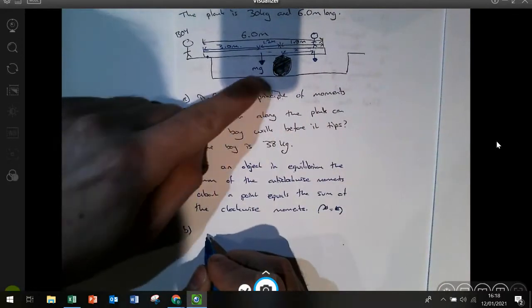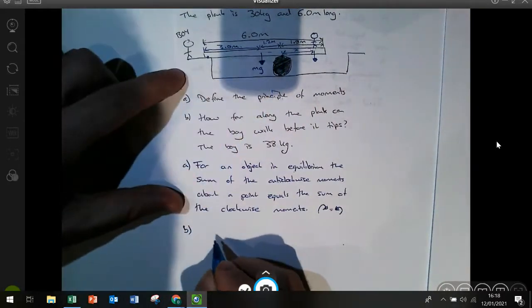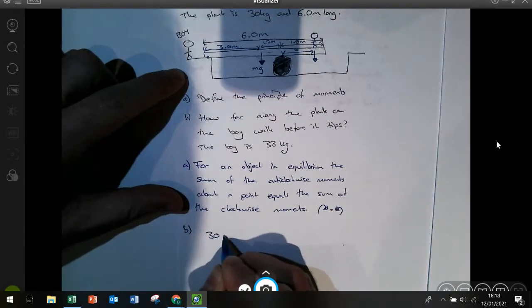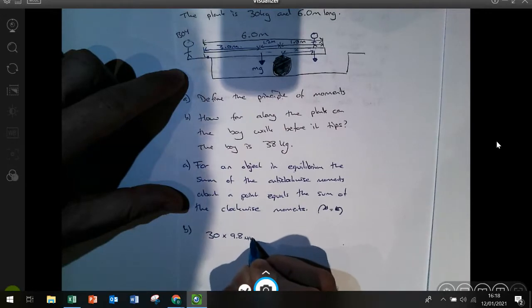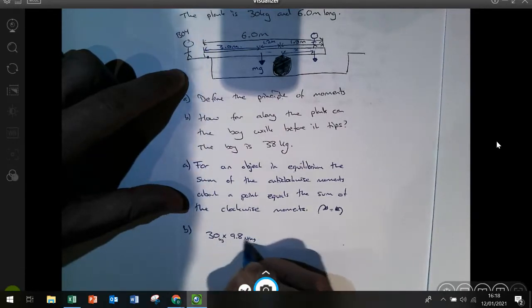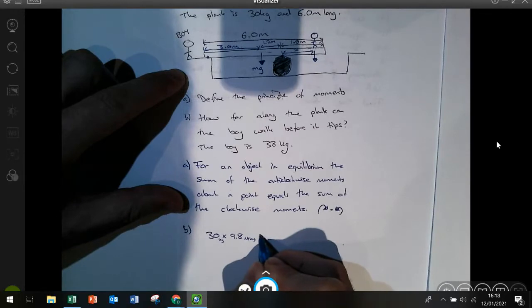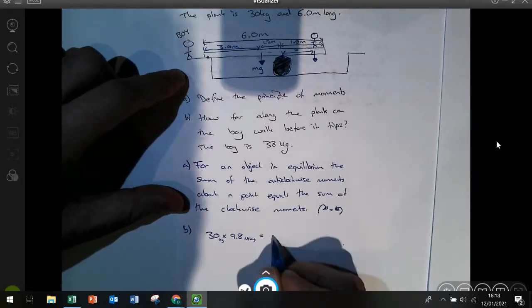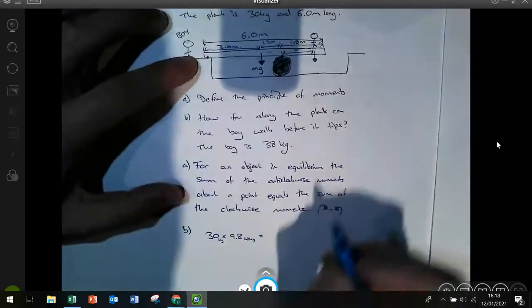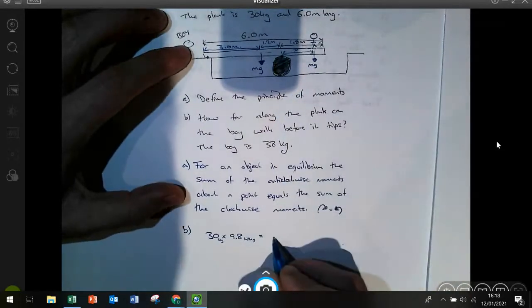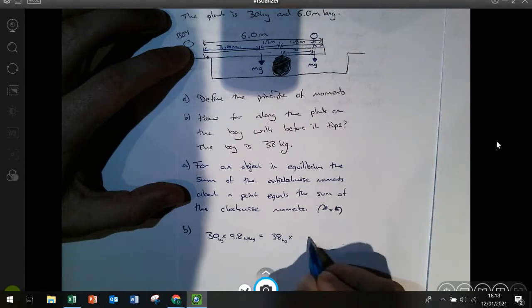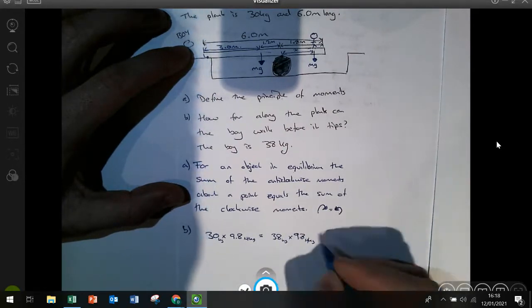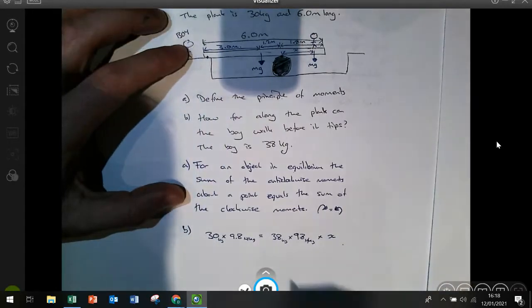So we're going to say that the weight of the plank is going to be 30 kilograms times 9.8 newtons per kilogram. That's gravity, or the strength of gravity, and that's going to equal our moment from the boy. So the boy's mass is 38 kilograms times 9.8 newtons per kilogram, and then times this distance x.